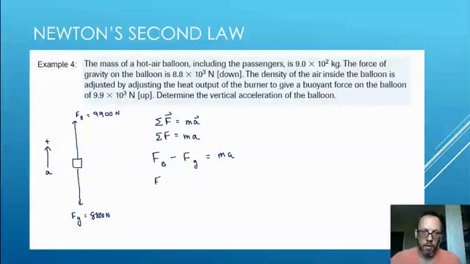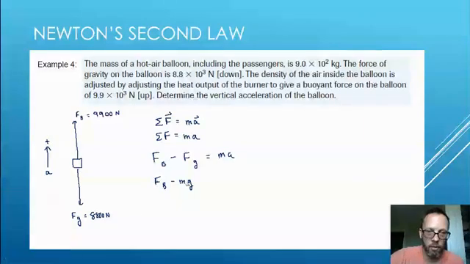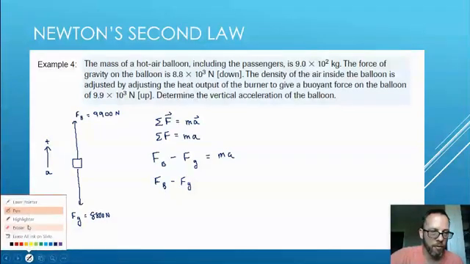And we know that gravitational force, the weight, is equal to m times g. But you know what though? We're actually given that gravitational force, so I don't even need to do that. I don't even need to rewrite this next line. I'm actually ready to solve for my acceleration right away.